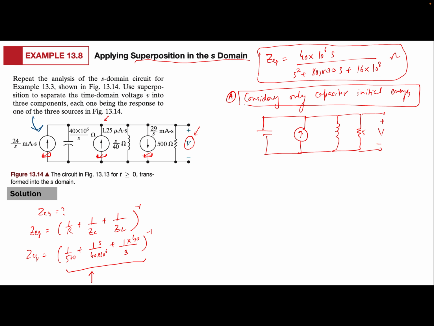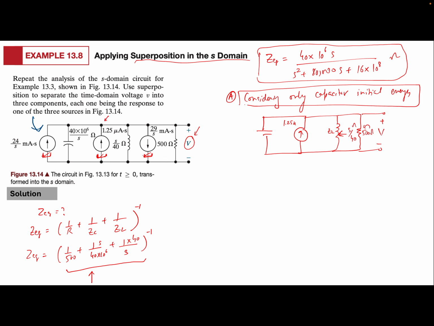So this is your 500 ohms. This is S over 40 ohms. Sorry, this is this inductance, and this resistance is this resistance. This is that ZL, the impedance of the inductor, right? And then this current source was 1.25 microvolts, ampere second should be, yeah.